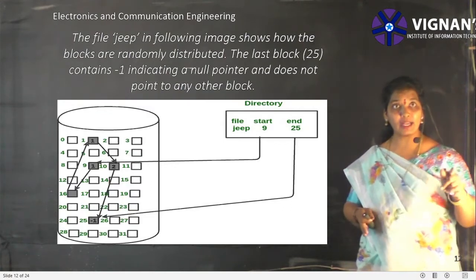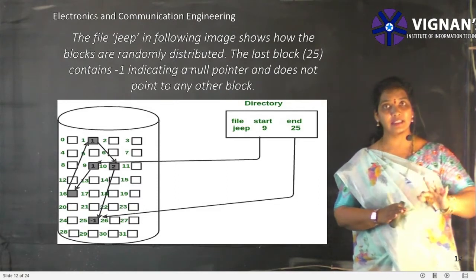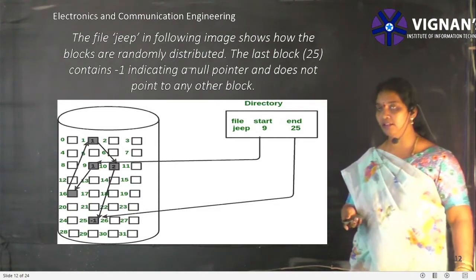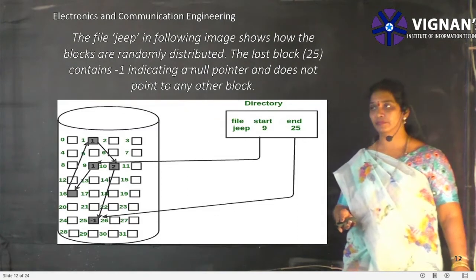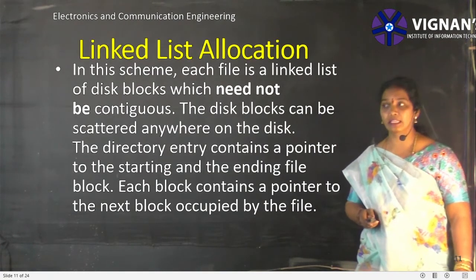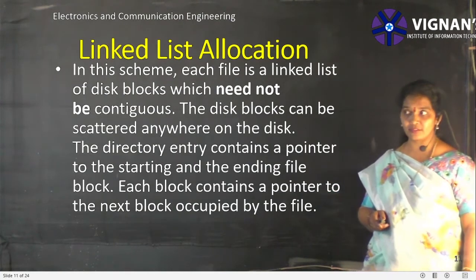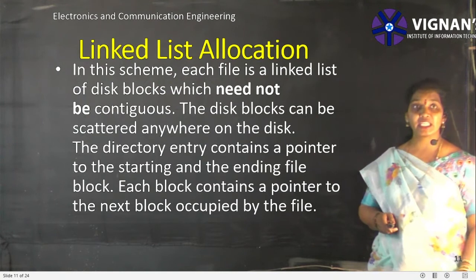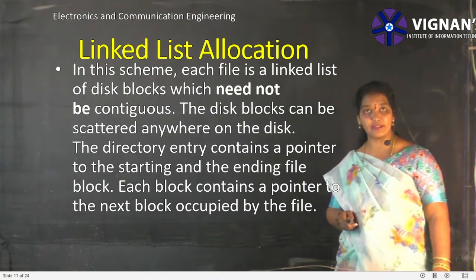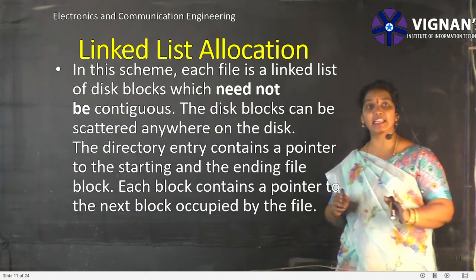So -1 indicates that after this the file has ended. It is not stored in any other location. So in this scheme, each file is a linked list of disk blocks which need not be contiguous. The disk blocks can be scattered anywhere on the disk.